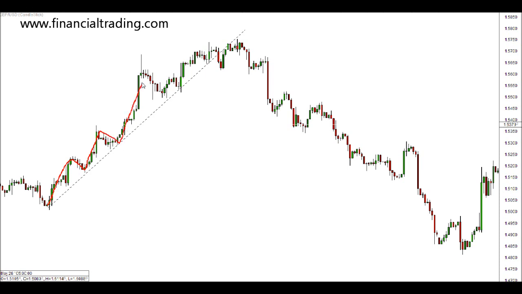You'll notice each time price reaches this line of support on the uptrend, it marks the end of the pullback and price goes for another push.